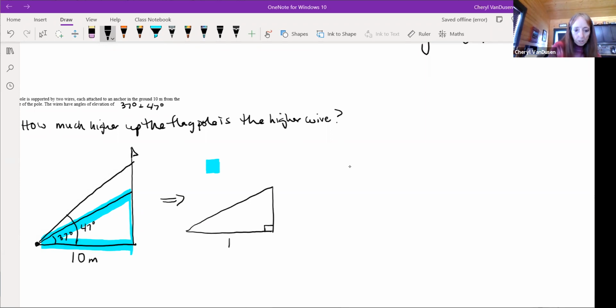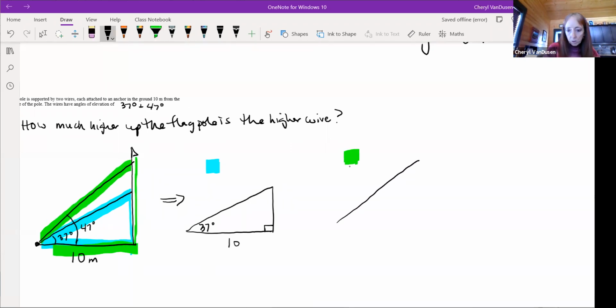Then we know this is 10 and this is 37. And then we'll change the highlighter so you can color code it. Now we're going to look at the higher one. So the green here, from here to here and over to here. Okay, so that one is a little taller, same base length. Don't beat me up if my diagram's not perfect. 10 meters, 10 meters, but this is 47 degrees.